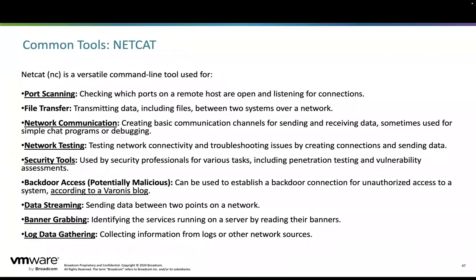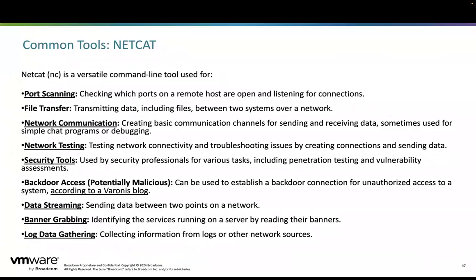Potentially malicious is backdoor access. So it can be used to establish a backdoor connection for unauthorized access to a system. Netcat can do data streaming, so sending data between two points on a network. It can identify the services running on a server by reading the banners, so banner grabbing, and then log data gathering, so collecting information from logs or other network sources.